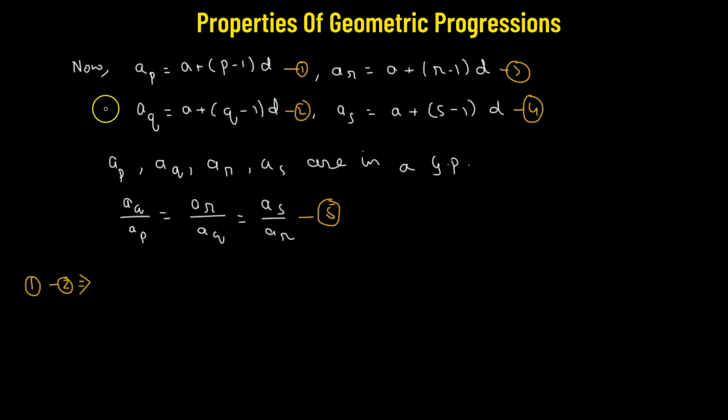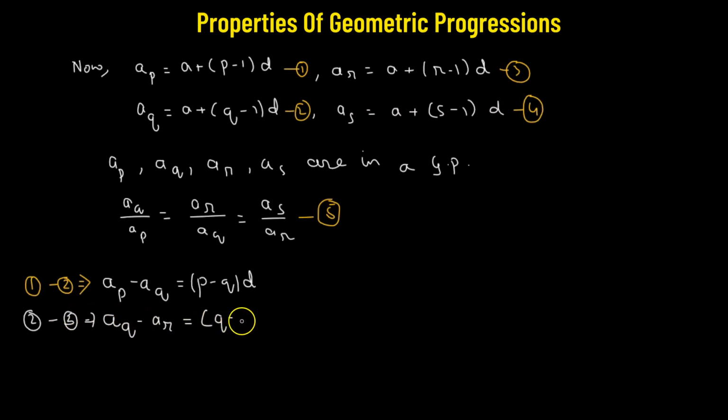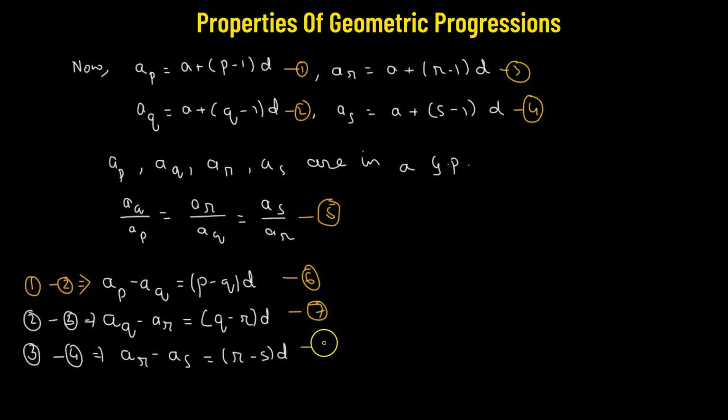This is going to give us AP minus AQ, which will be equal to P minus Q times the common difference D. Then if we do 2 minus 3, we're going to get AQ minus AR, which will be equal to Q minus R times the common difference D. And then we're going to do 3 minus 4, which is going to give us AR minus AS, which will be equal to R minus S multiplied by the common difference D. We're going to label these 3 equations as equation number 6, 7 and 8.